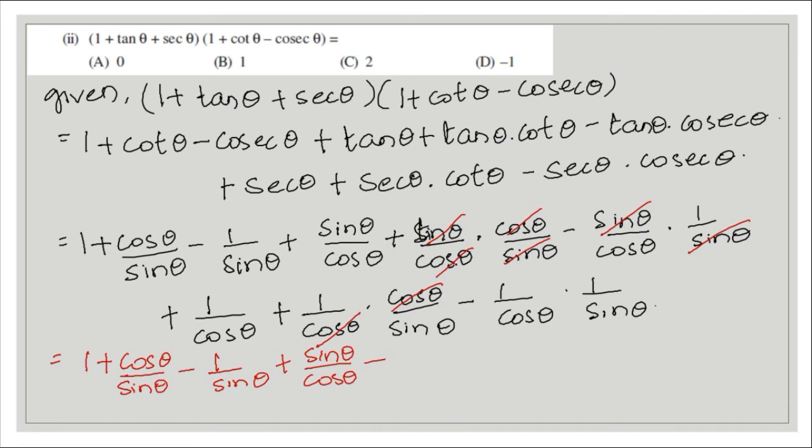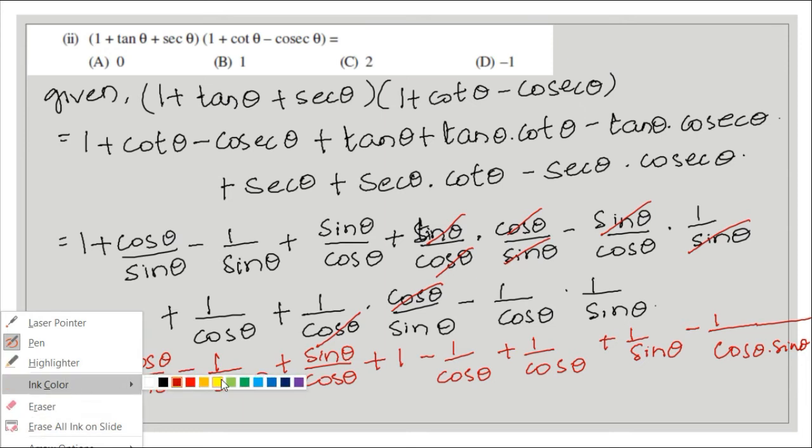This is sine theta by cos theta. Here everything is cancelled. We get it as plus 1 minus 1 by cos theta plus 1 by cos theta plus 1 by sine theta minus 1 by cos theta into sine theta. These are the terms remaining now.